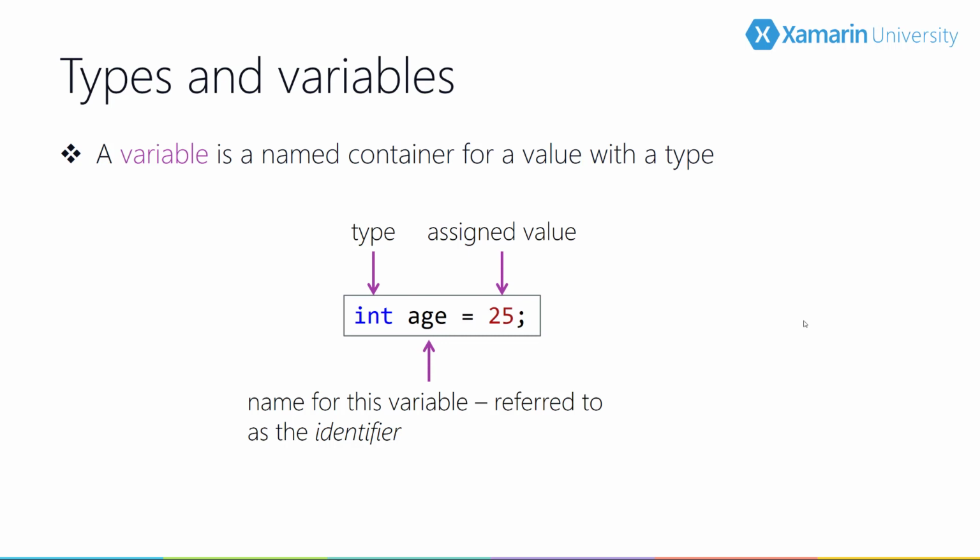Now, when you do this assignment at the same time as creating the variable, that's called initialization, and that's optional. If you wanted to, you could have just said int age semicolon and skipped the value itself, and at a later point you could have come back and given it a value, because variables can change over time. They aren't constant.